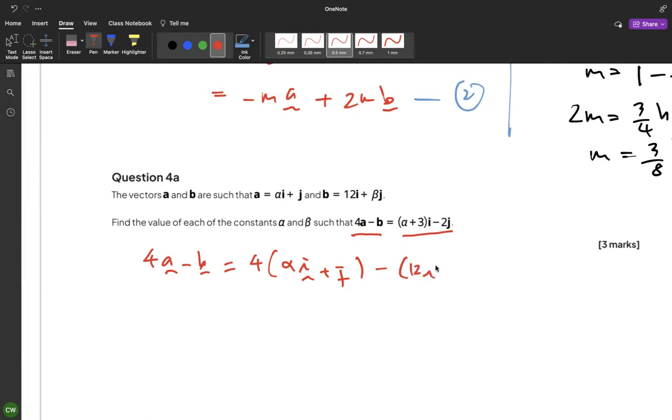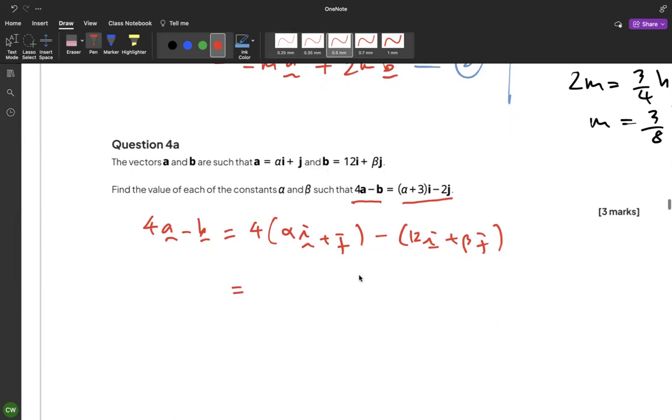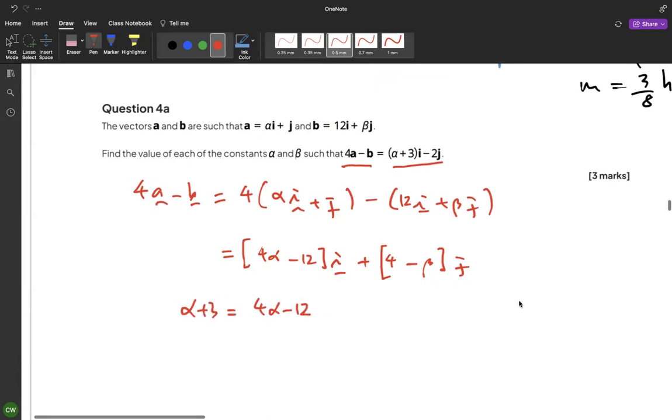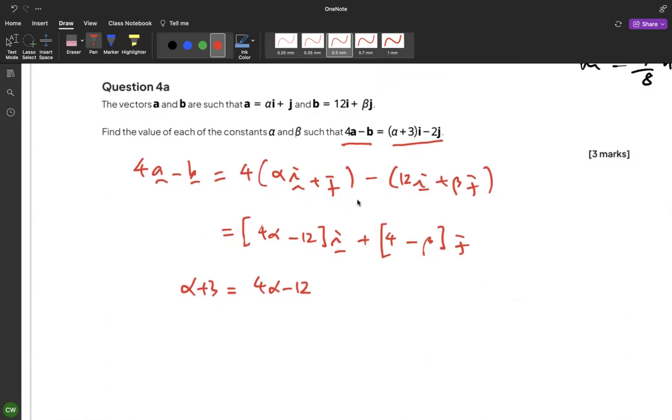Minus this. Okay. Can we combine? Because this is 4 alpha. So we put the 4 alpha together. This is minus 12, right? So this belongs to I. How about J? There is a 4 here. 1 minus beta, then J. Okay, so now we can compare and see. We need to compare with this. So alpha plus 3 is going to be 4 alpha minus 12. You need to find the alpha and beta.